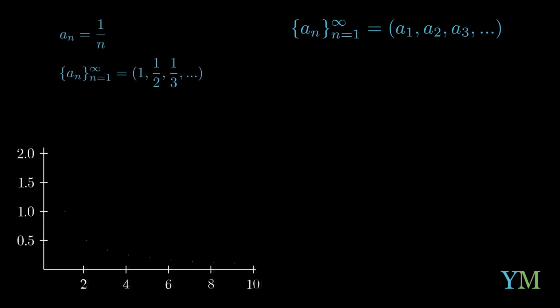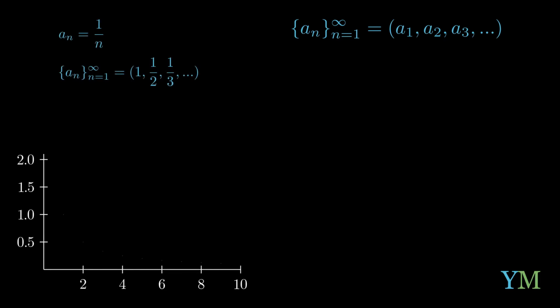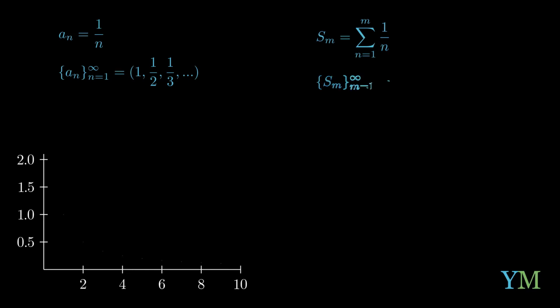And we have Sm, which is the partial sums. It is its own sequence, with the general term being sigma, n runs from 1 till m, of 1 over n. That means that the first term would be 1, the second one would be 1.5, the third one would be 1 plus half plus third, just like we saw before, and so on and so on.